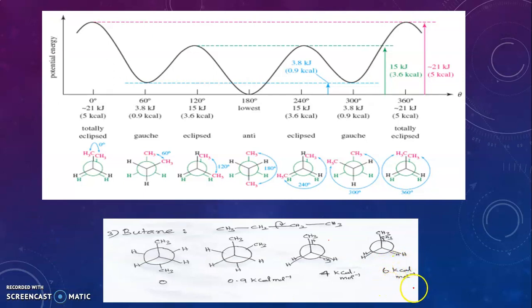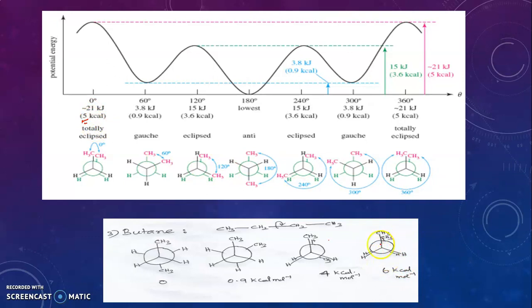This is actually an approximate calculation, and the value given here is experimental. Need not worry about that, because we are only going to compare the stabilities of these conformations. So you need not worry about the exact values.